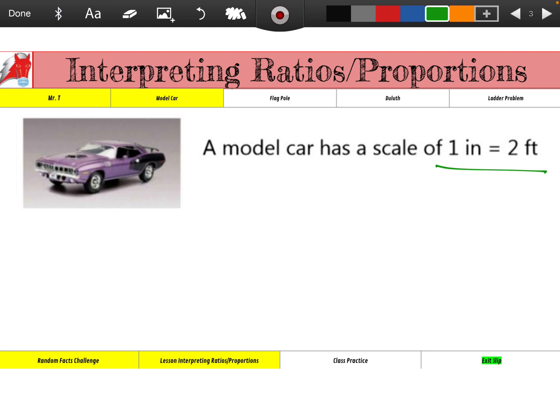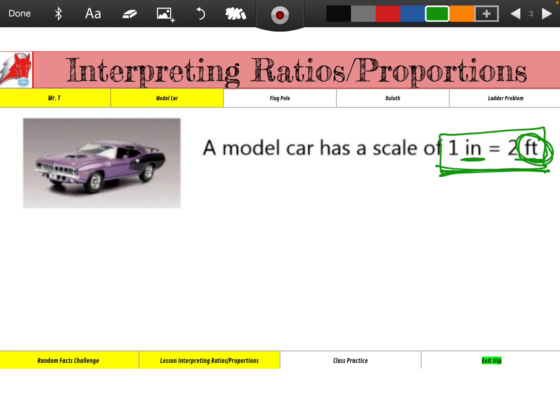All right. Now I can say scale factor based off my ratio here is 2 to 1. For every 2 feet, I have 1 inch. But that doesn't change how many times bigger. When I think of times bigger, in this case, I need my units to be the same. Then I can start thinking in that mindset, which means this would have to change, right?